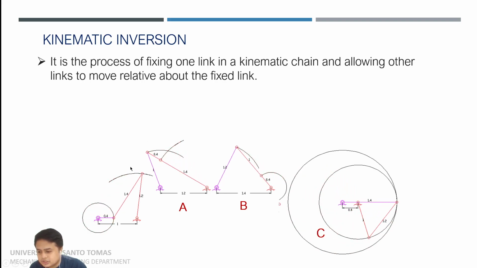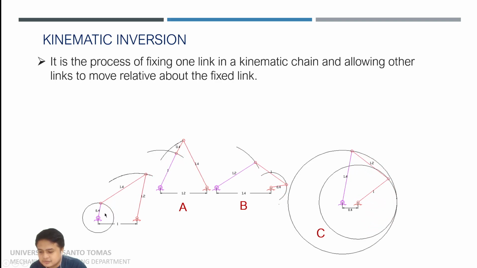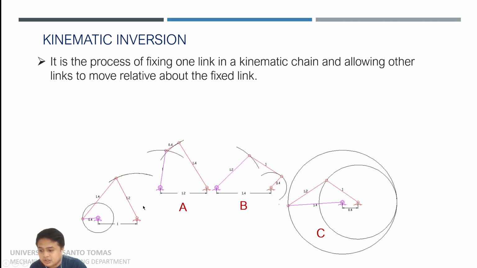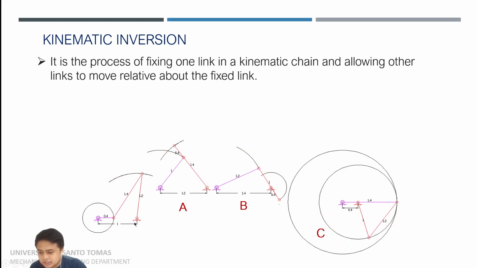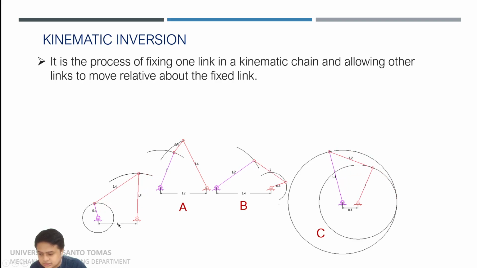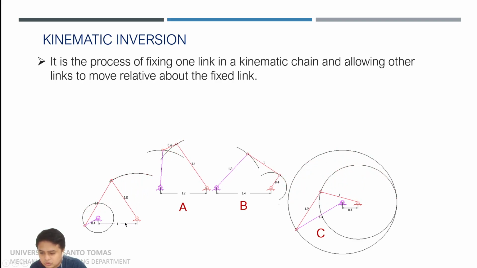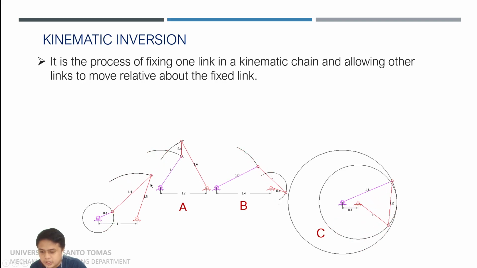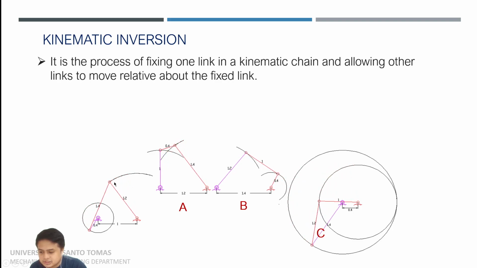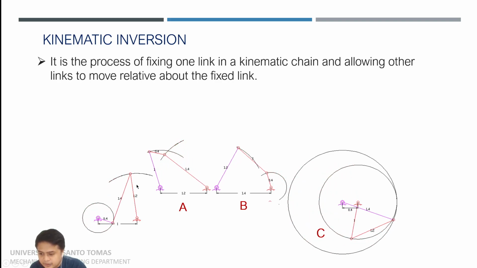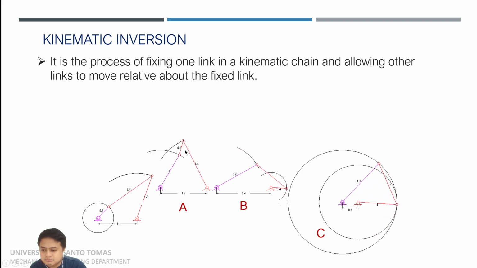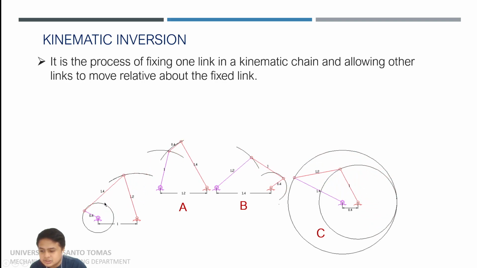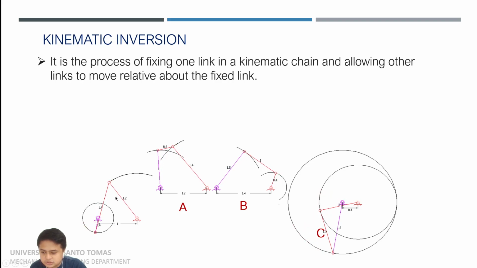If we have our first configuration here, in the leftmost one, we can create an inversion of this four-bar linkage by changing the link, this one unit long, into this 1.2 long. As you can see, we change this, but everything is still adjacent as it is. So we just fix this 1.2 unit link, and we have a different relative motion of these links. From the first, we can call this the first inversion.